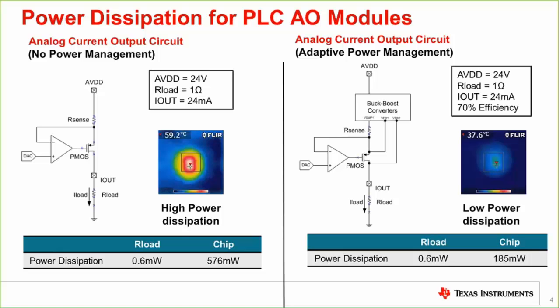As a result, the power dissipation is reduced quite significantly to 185 milliwatts, and the temperature is closer to 37 degrees C. So we've achieved two of our primary goals in terms of enabling this smaller design form factor and increased density, by reducing power dissipation and by reducing the heat that's dissipated from the device.